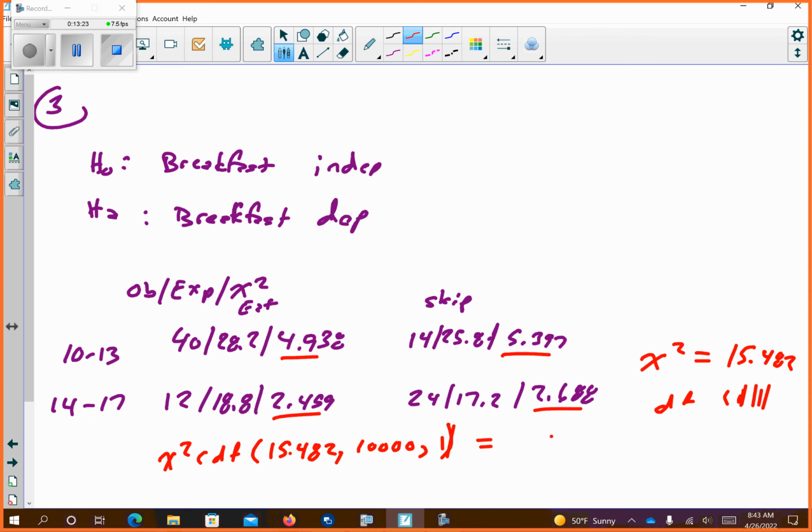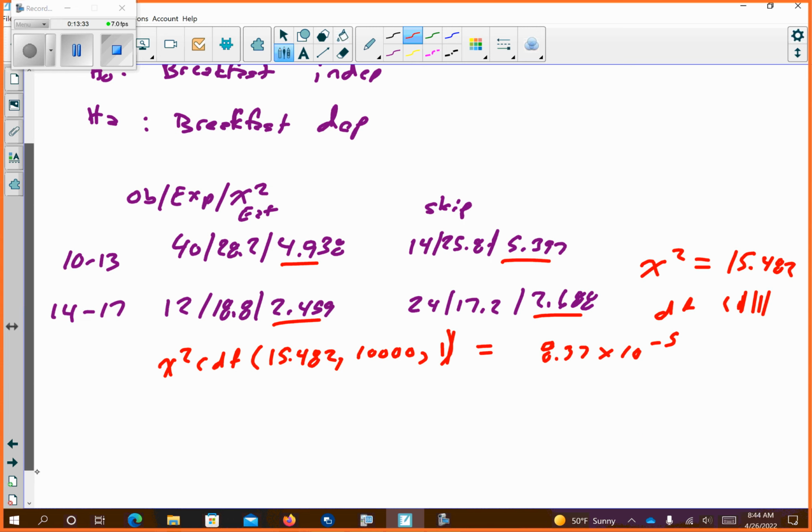So then we get a p-value. The answer they would have given you is this on the calculator, which is a pretty doggone small answer. They didn't give us an alpha, so we have to check whether p is greater than 0.05.